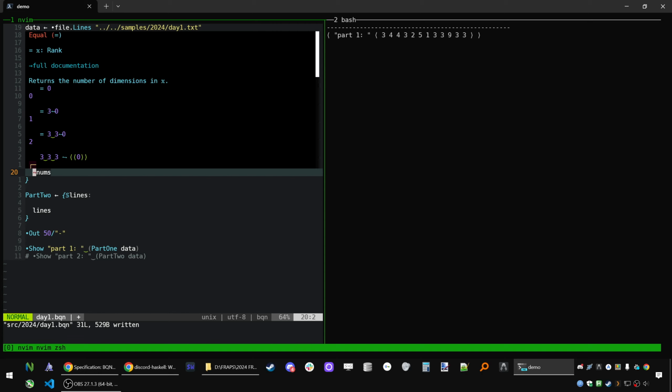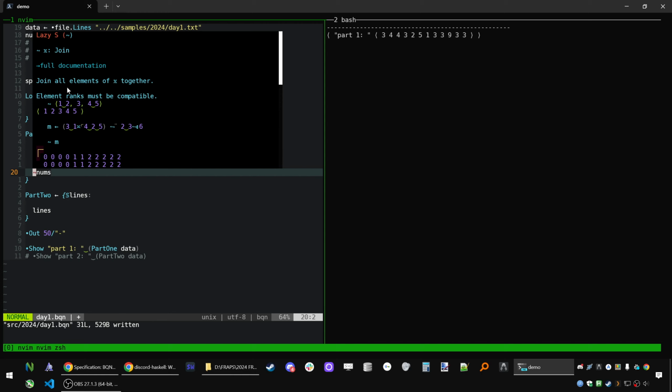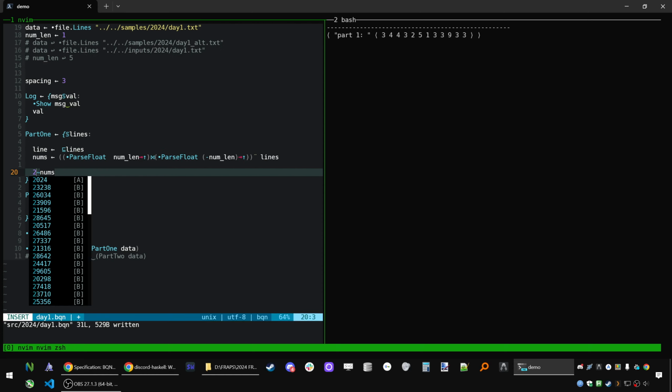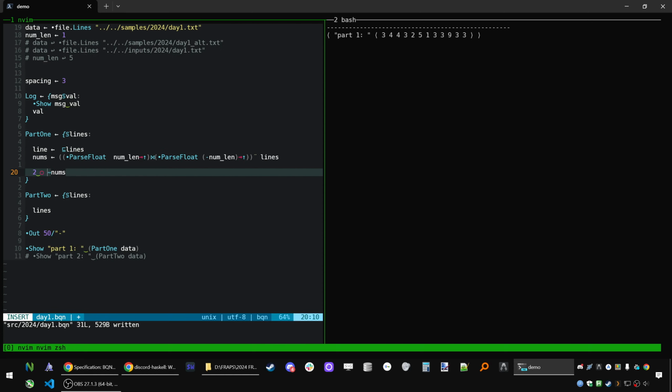So this requires that all the things have the same number of dimensions. This is 1 dimension. This is 2 dimensions, but I don't know. I'm going to assume because it's a list that these are all wrapped in like its own list thing, and that's why it works. I don't know. But anyway, I join them all together. Now, because I know that they're always pairs, I can say put them into exact pairs.